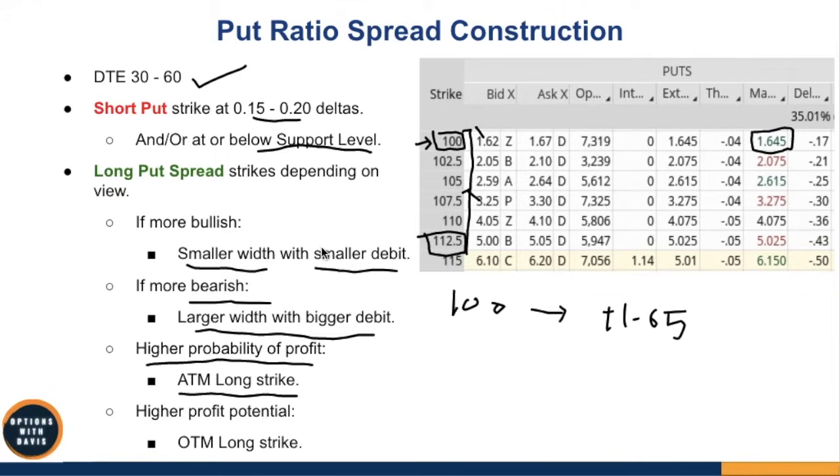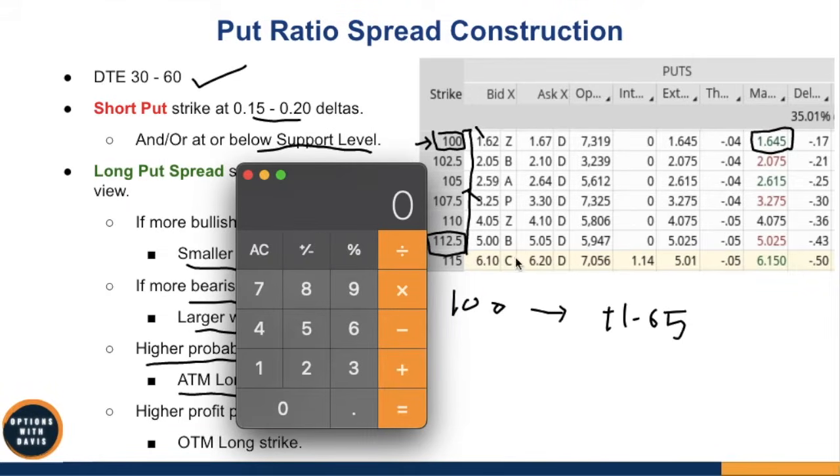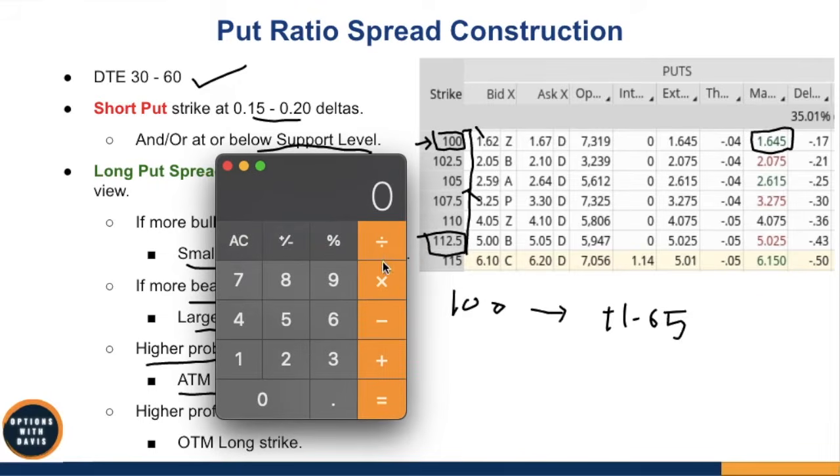So again, we're going to take out our calculator. So again, let's see how much we can get. So let's say if we were to buy the 112.5, okay, so that would be minus 5.03, all right, round it off, 5.03, and then we're going to see which is the one that we can get roughly $1.65. So if we were to go to the 107.5 strike price, let's say we're going to buy for 3.28.